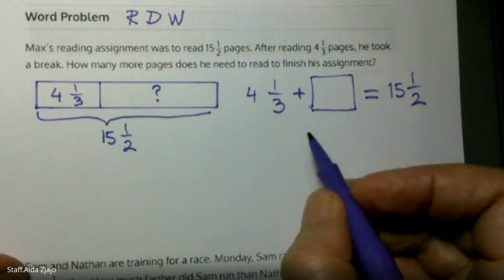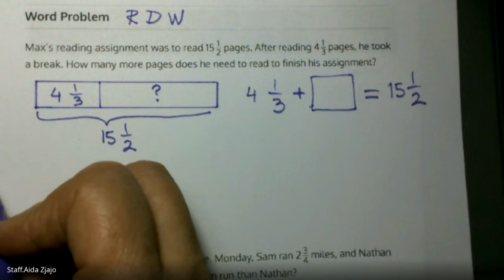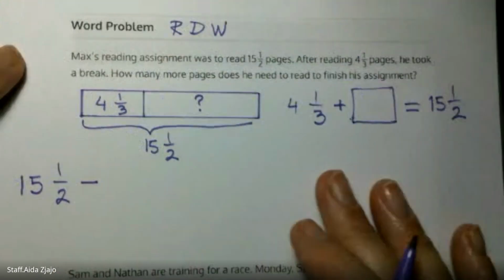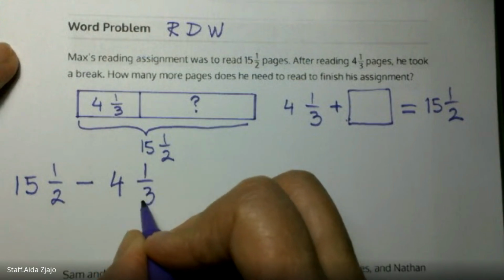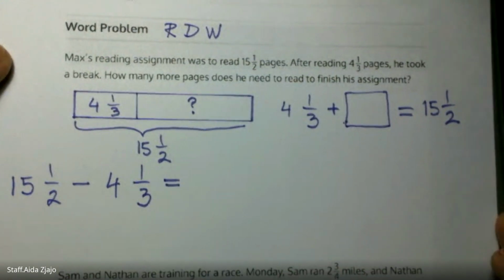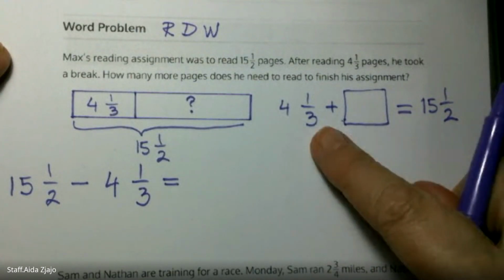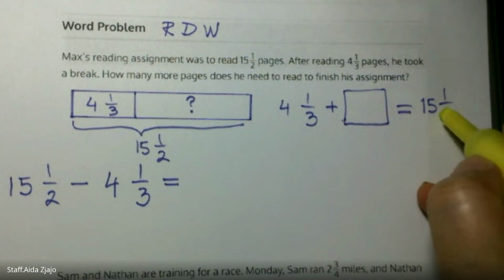So let's see if we do this here. 15 wholes and 1/2 minus 4 wholes and 1/3. We can do a kind of parallel way of thinking. The pieces are not the same. These are my black pieces and these are my halves, like red.